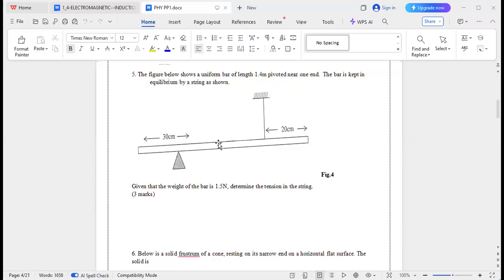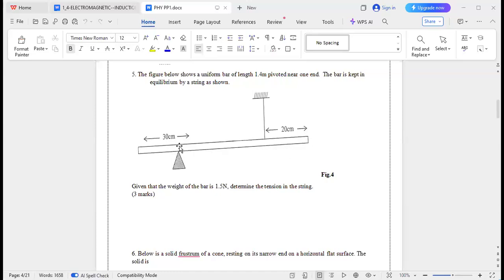So 1.5 newtons times 0.4 meters to the pivot equals tension times the distance from this string to the pivot, which will be 90 centimeters, because from here to here is 30, from here to here is 20, a total of 50. 140 centimeters minus 50 gives us 90 centimeters.